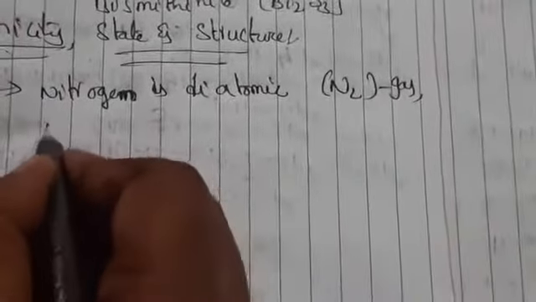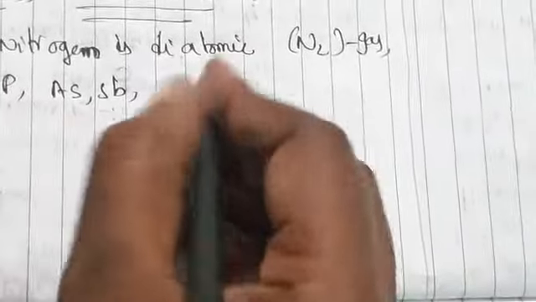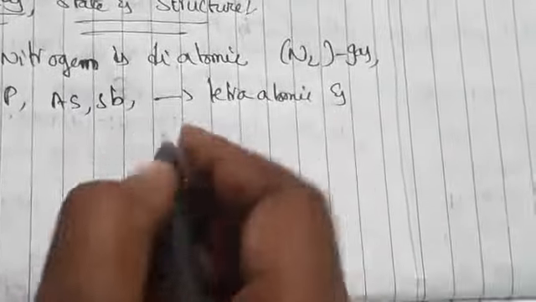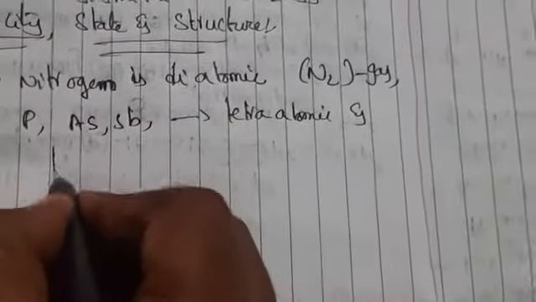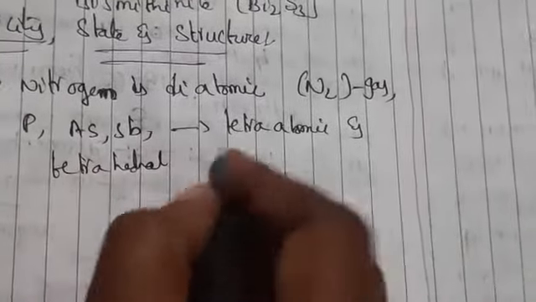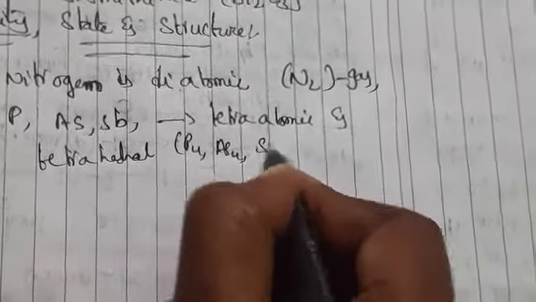And coming to the remaining, phosphorus, arsenic, antimony, these all will be tetraatomic and tetrahedral, we can say. Why? Because they are present as P4, As4 and Sb4.